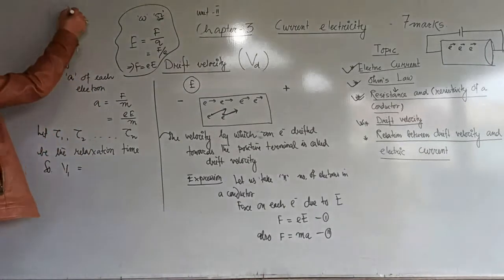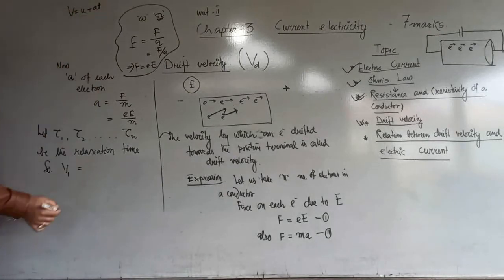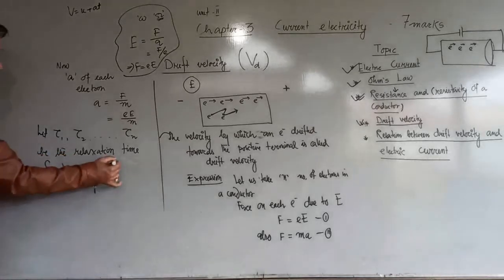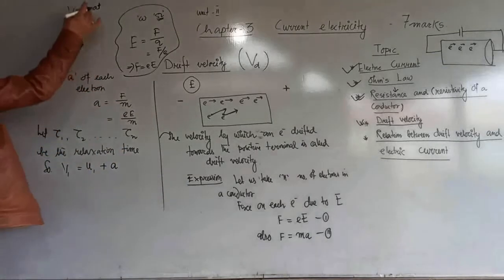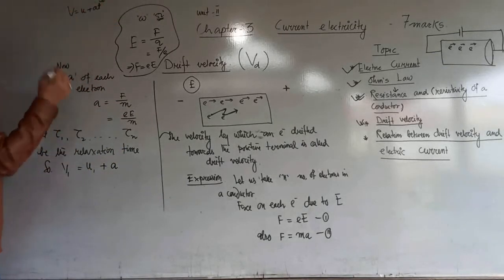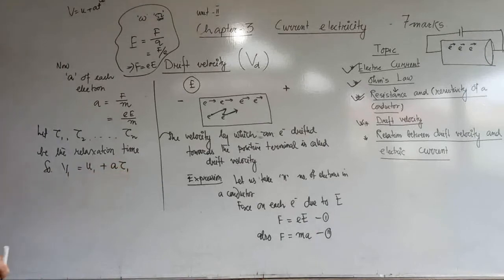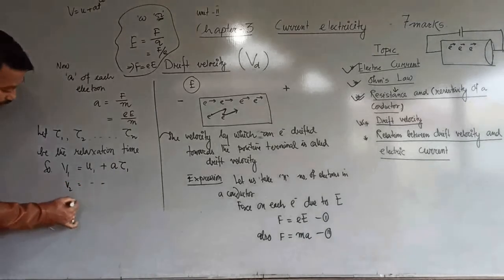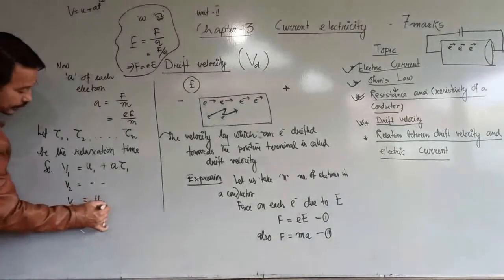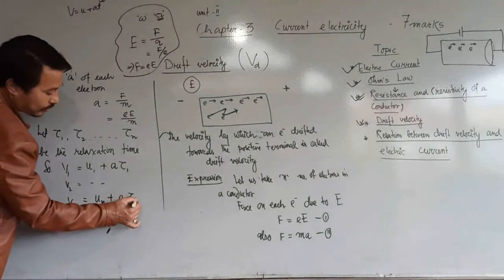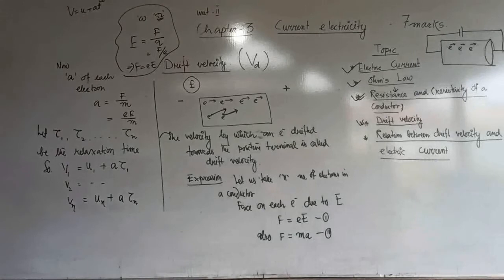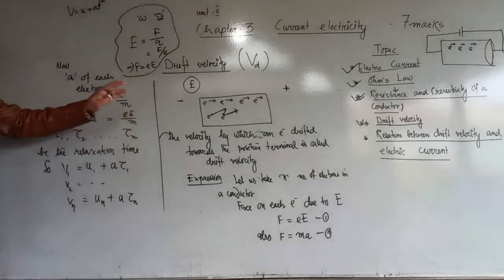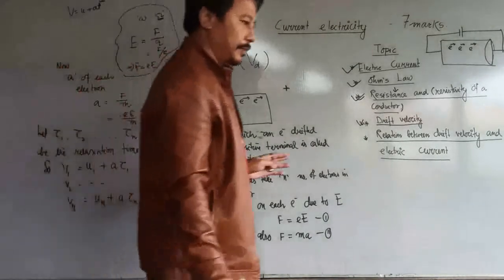V is equal to u plus at, so V1 is u1, that is the initial velocity, plus a tau 1, putting the relaxation time tau 1. Similarly V2, V3 and so on. Vn is equal to un plus a tau n.